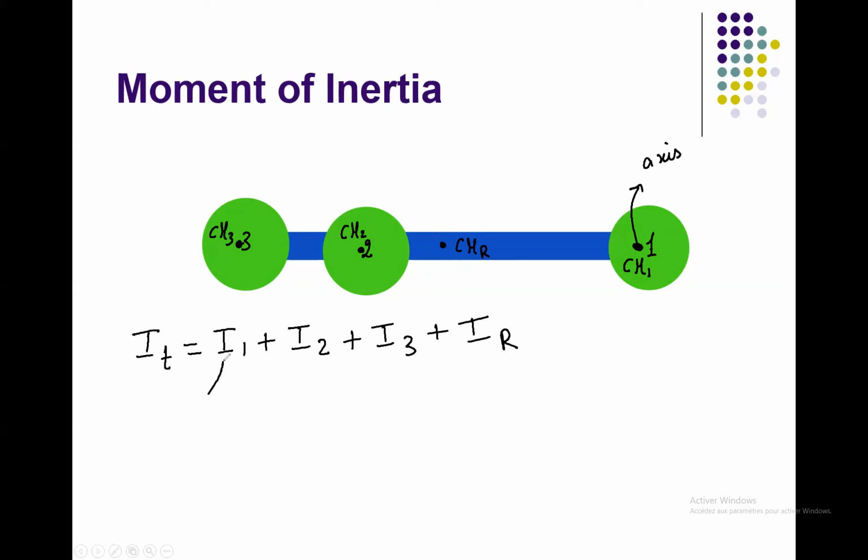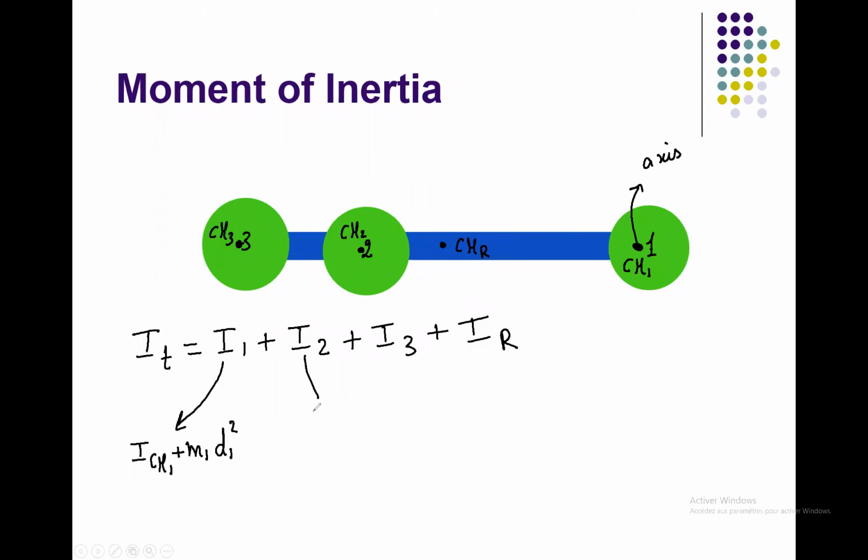Each one equals I_CM1 plus M1 D1 square. For M2, we have I_CM2 plus M2 D2 square.